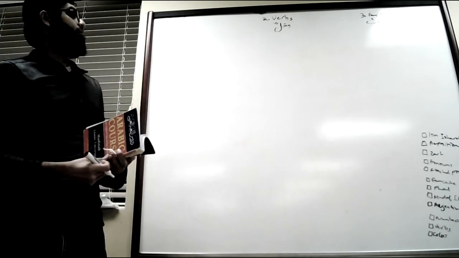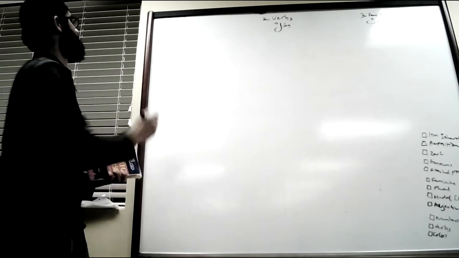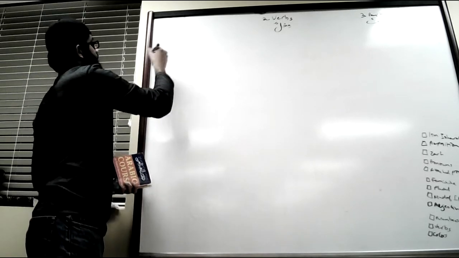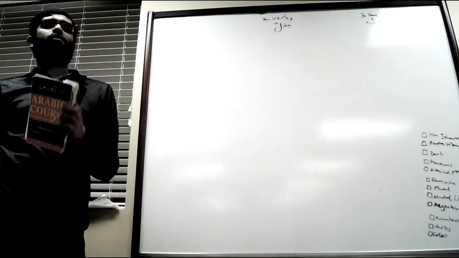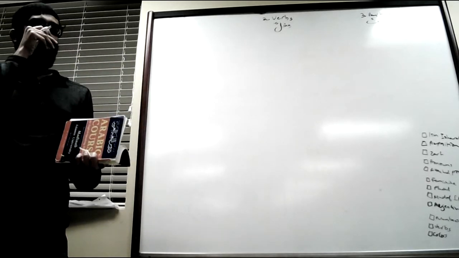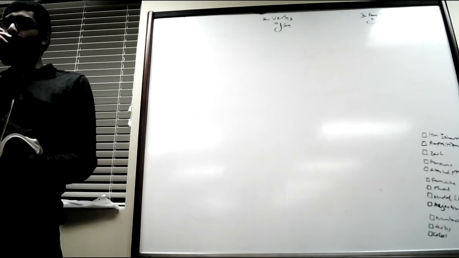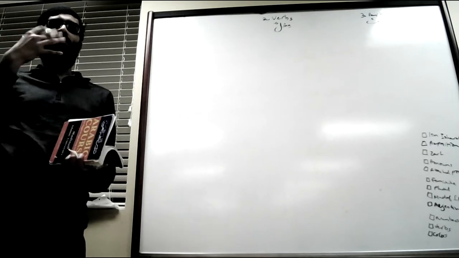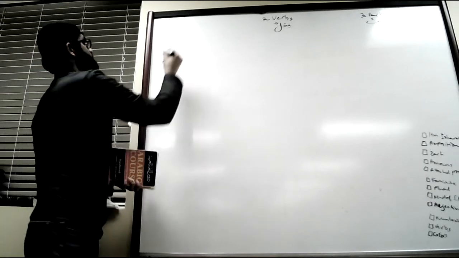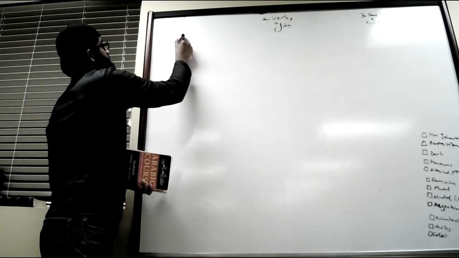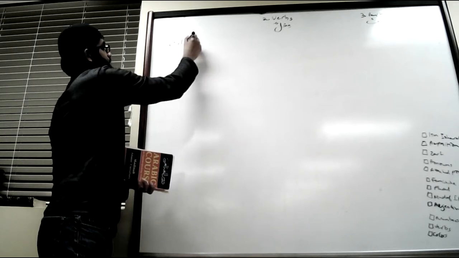Okay. The first thing we also learned was that there are definite isms and indefinite isms. So what's indefinite? Give me an example of an indefinite noun. Babun. If I have babun, what does that mean? A door.